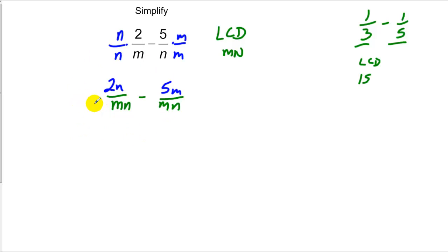Now, I have to simplify by adding terms in the numerator. However, in this case, we don't have like terms, so I just re-represent it as 2n minus 5m over mn. You'll notice once again, here's a multiplication, this is a subtraction, so these are not factors, so nothing reduces with anything below.